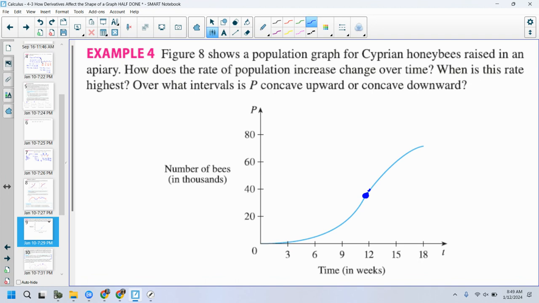So this point in here is the highest possible slope, right? That's the steepest that tangent line is going to get. It levels out to the left of it and to the right of it.